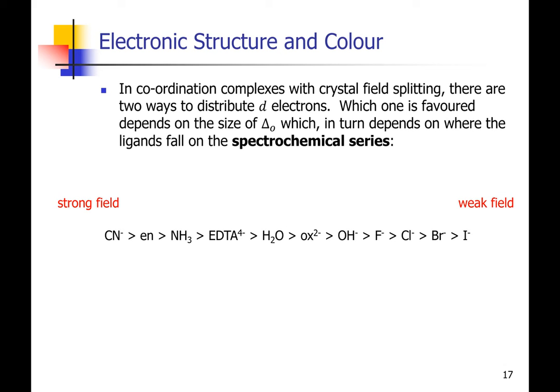And so ligands that create very large energy gaps because they are pulled in tightly and make very strong bonds to the transition metal cation are referred to as strong field. And ligands which don't come in as closely and where therefore the difference between d orbitals pointing right at the ligand versus just pointing into spaces near the ligand is not so significant are referred to as weak field ligands.